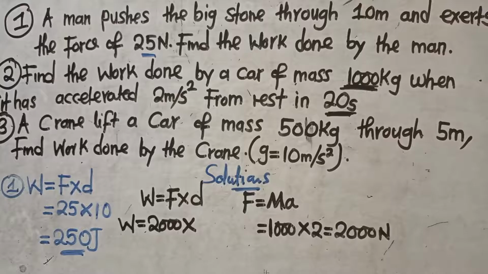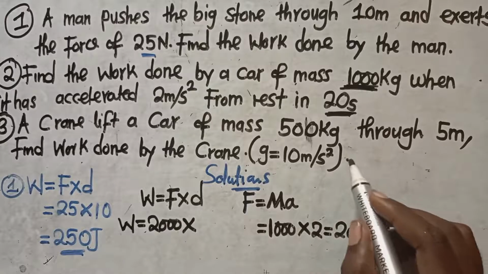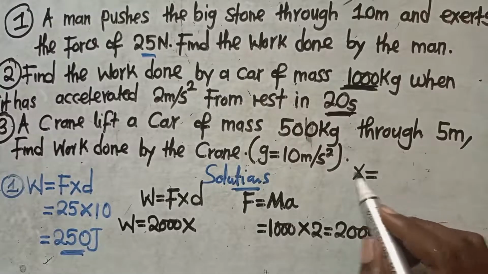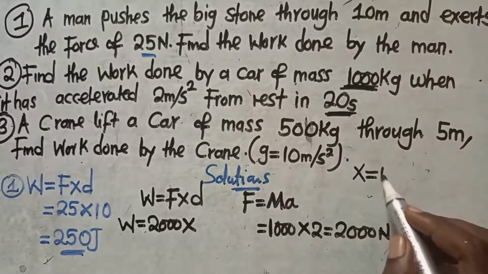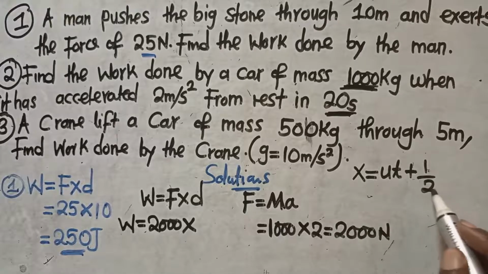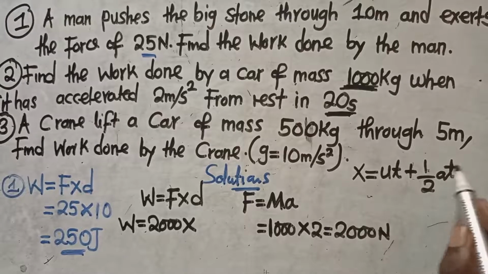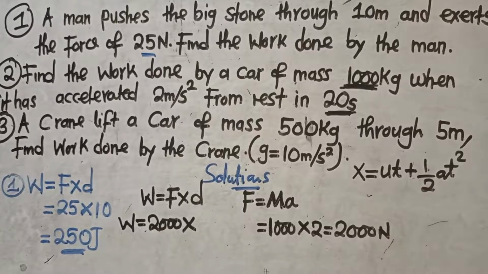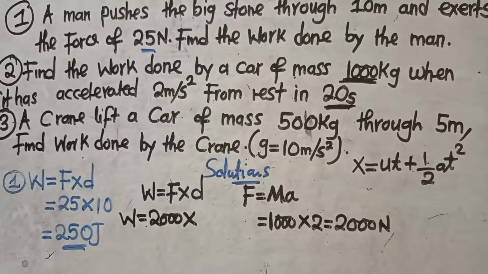Remember that concept. There is this particular formula where I said x, or displacement, is equal to ut plus 1 over 2 at squared. These things, you are not supposed to throw away. You get to use them right there and then.